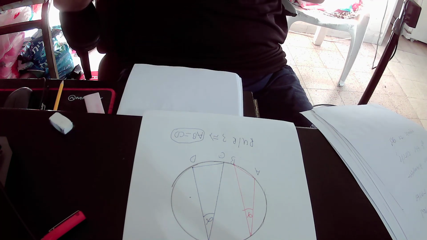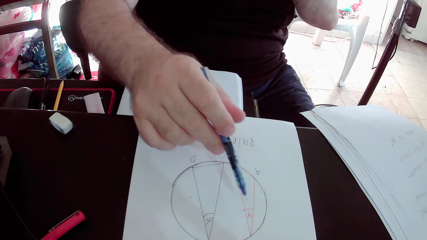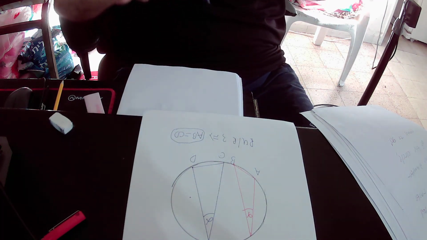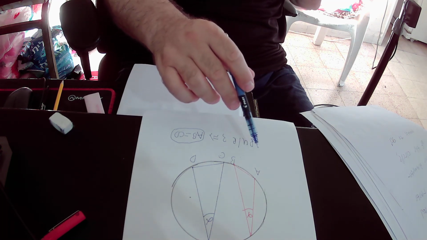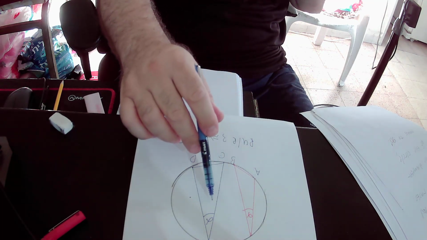So, if two peripheral angles equal each other, then they rest on equal chords also.